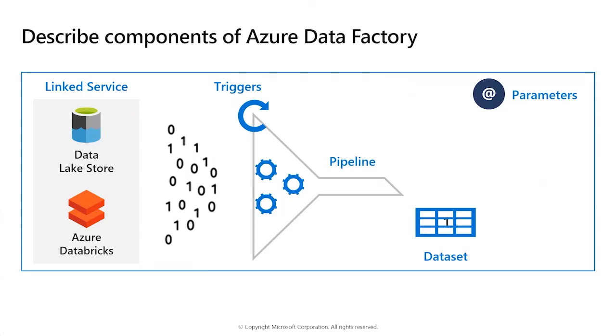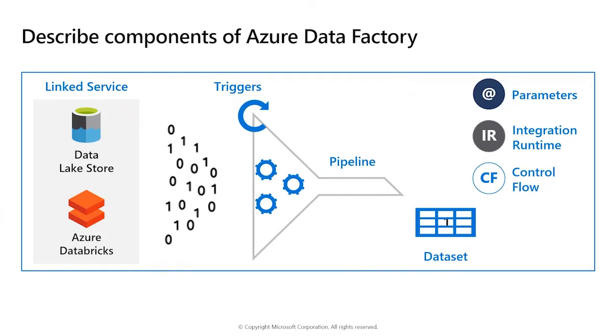We can also trigger a pipeline to run every minute or every hour, or when an event occurs. For example, when a file gets landed into Azure Data Lake Storage, or a blob gets deleted from Azure Blob Storage.